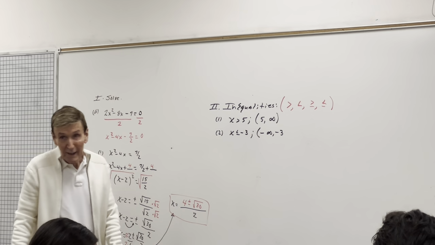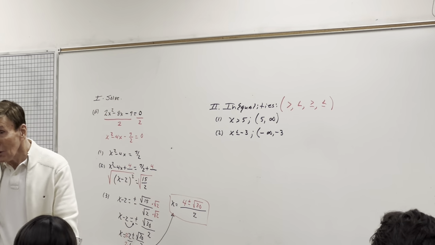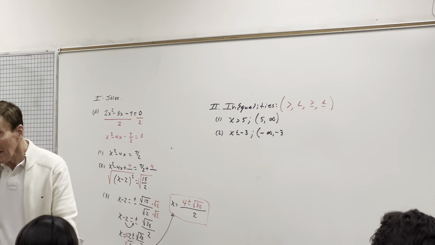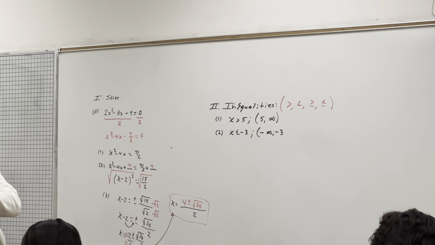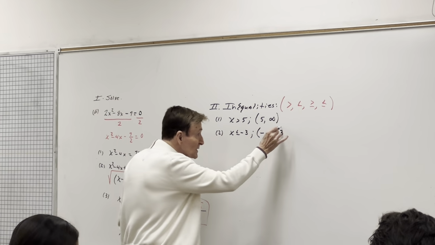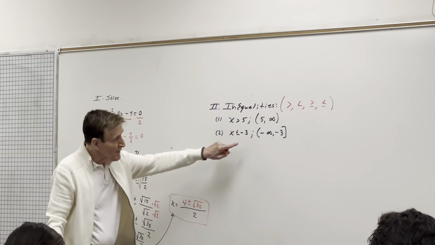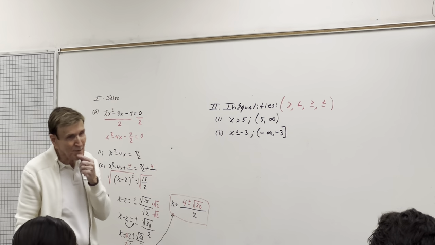Now, can anyone remind yourselves what I should do at the end point -3? Is -3 supposed to be included? The way it's written, I see a little equals mark under there, so it's supposed to be included. We use in mathematics a bracket. So that says everything less than or equal to -3.